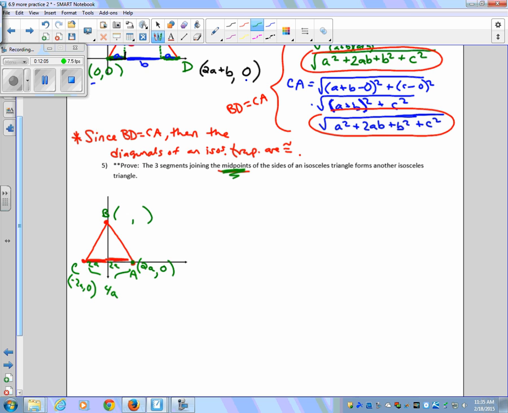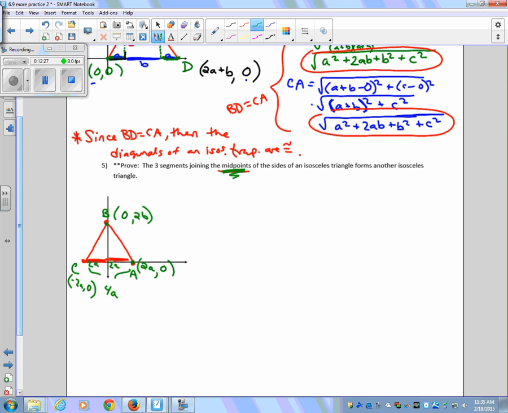What should we make that one? 0, comma, up b, but remember, double everything. So let's make it 2b. If you know you're finding midpoints, if you double everything that you first think of, it usually works out better.